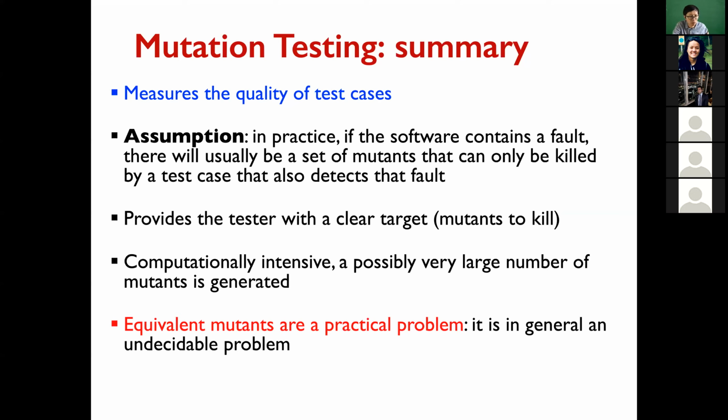And how do we determine which one is an equivalent mutant? That is a problem. Nowadays, people use static analysis to apply some rules to compare them and identify equivalent mutants, but it may not be 100% accurate.